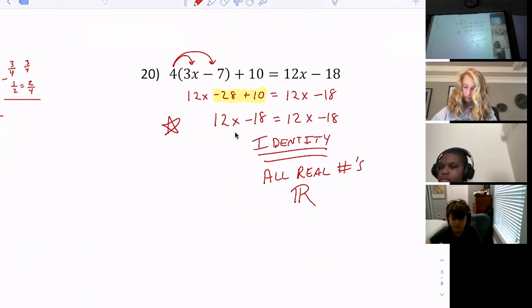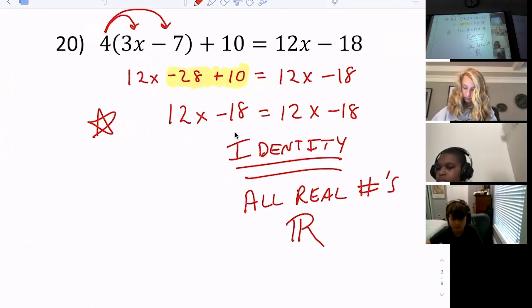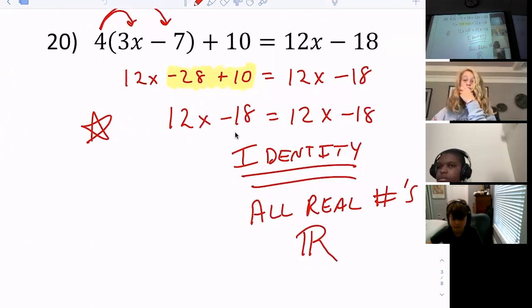Now, again, looking at this problem right here, I'm going to blow it up again, and this is what I really would like to see on your paper. When you distribute, you get 12x minus 28 plus 10 equals 12x minus 18. The highlighted yellow is because you're supposed to combine terms there.